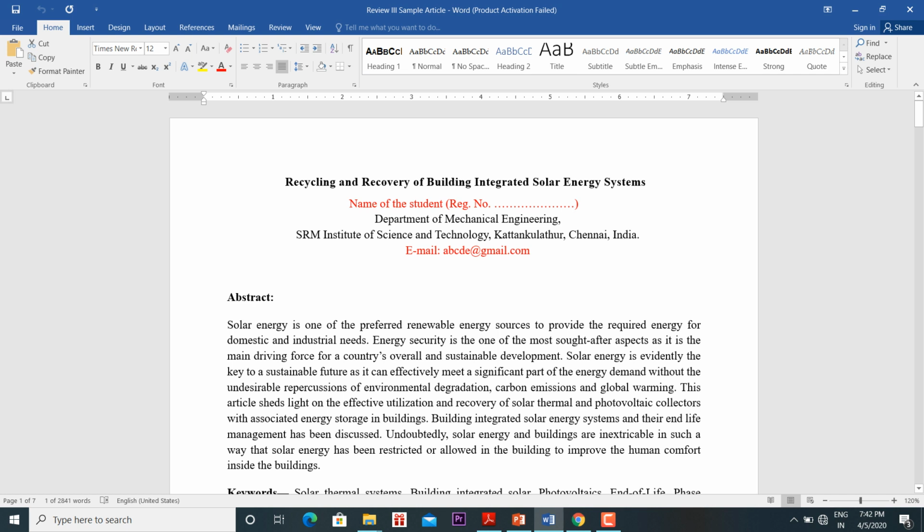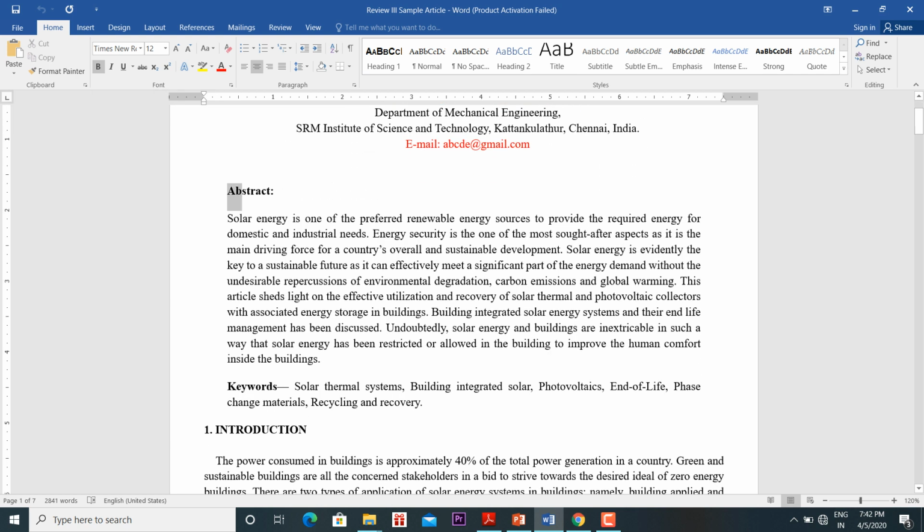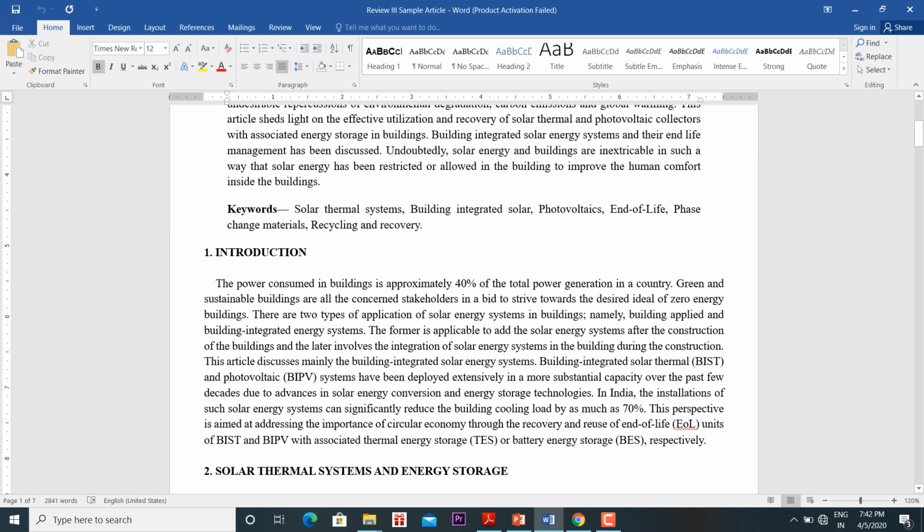What you have to keep in mind is the font format, the font size and font style they are following. They are following fully Times New Roman and 12. Okay, and for each heading, whether they are using uppercase or lowercase, whether they have bolded it or not, and you should mention some keywords.